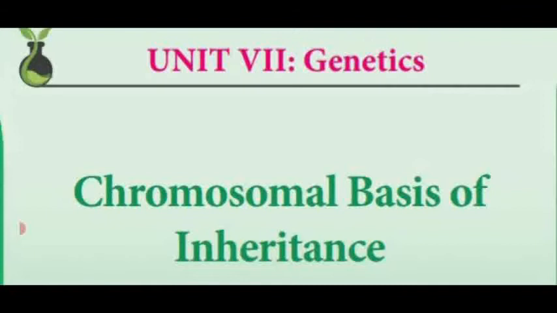Another one, some of the chemical substances which are responsible for mutation are known as chemical mutagens. Example, mustard gas, nitrous acid, EMS, that is ethyl methane sulfonate, and MMS.